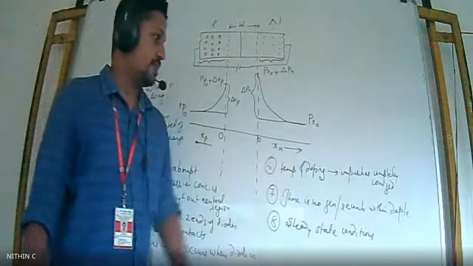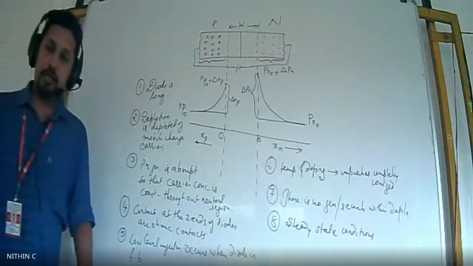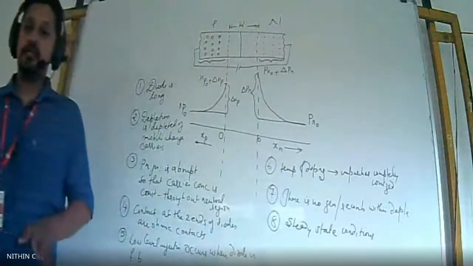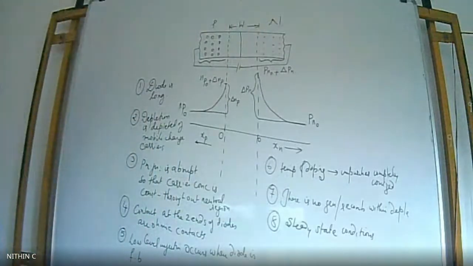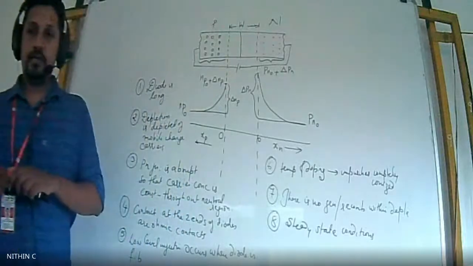The sixth point states that the temperature and doping are such that almost all the impurities are completely ionized. The seventh point states that there is no generation or recombination within the depletion region. And finally, the eighth point states that we have a PN junction diode in steady state condition.